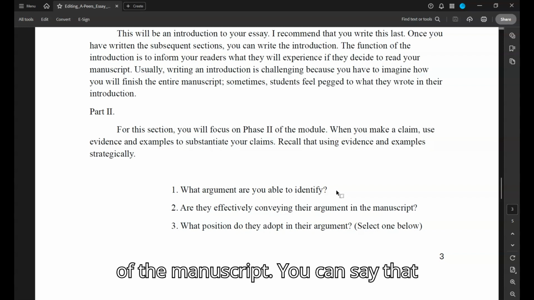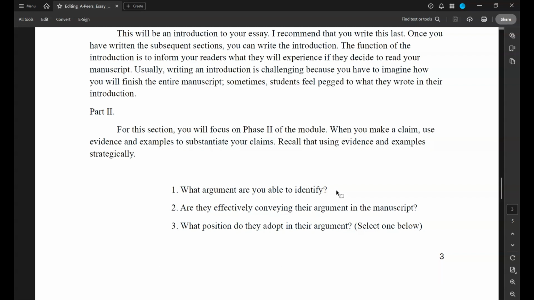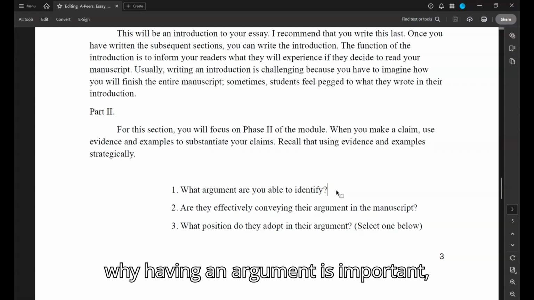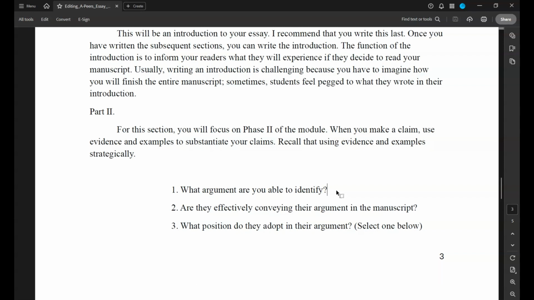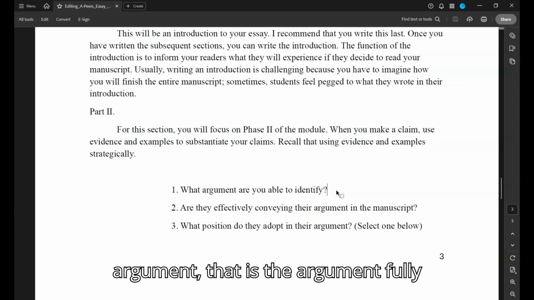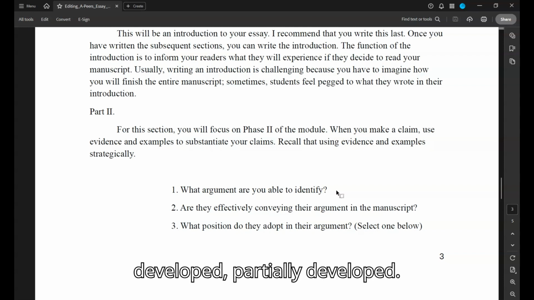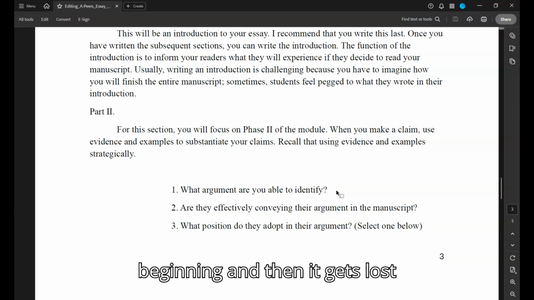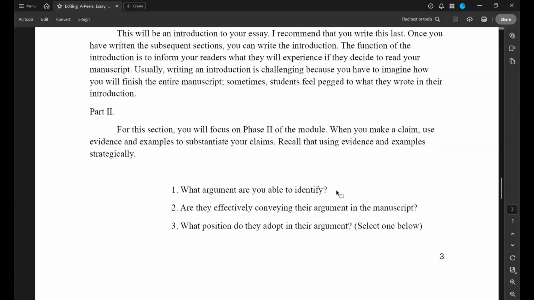that no clear argument is identified, and then explain why having an argument is important. Or if they do have an argument, is the argument fully developed, partially developed, or stated at the beginning and then lost somewhere in the paper?